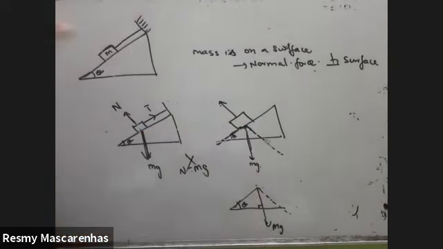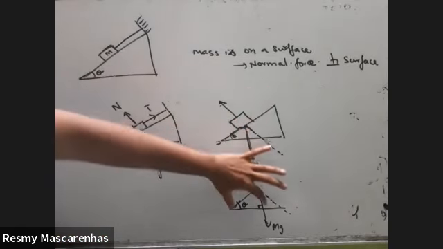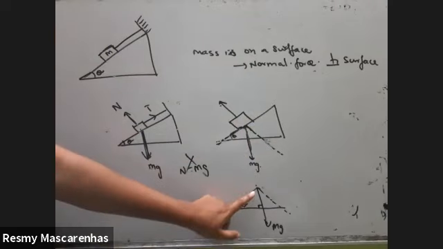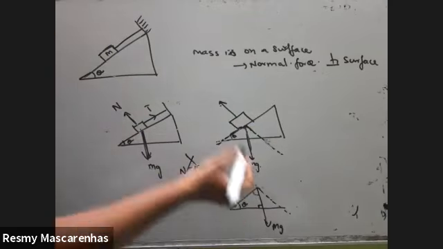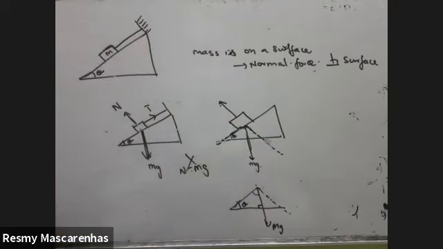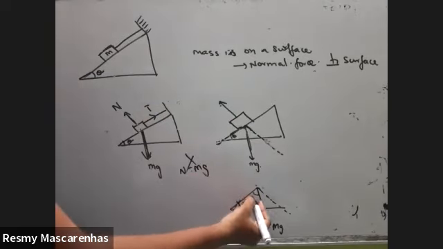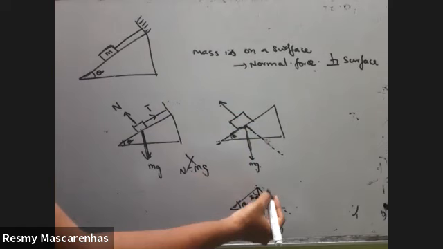I'm not doing it here because it will look messy. This triangle I've just shifted here. If this is 90, this is theta, what will be this angle? Tell me. How much will be this? Yes. So this will be 90 minus theta.